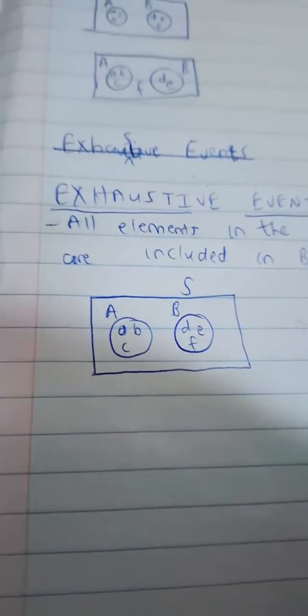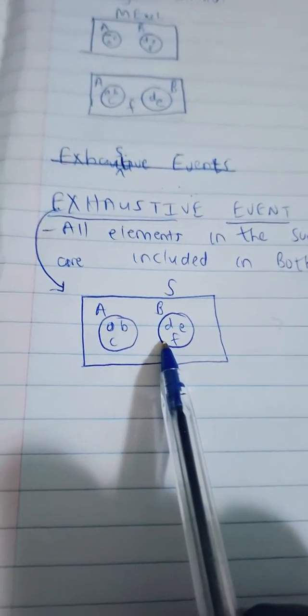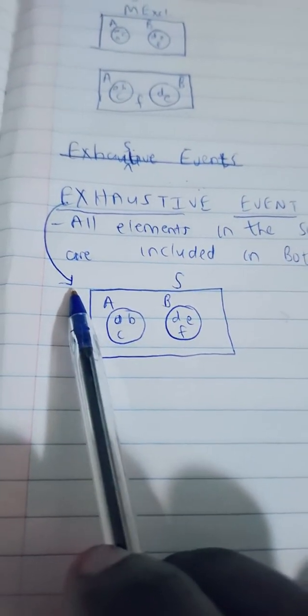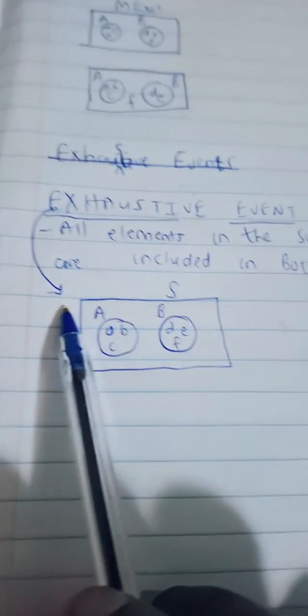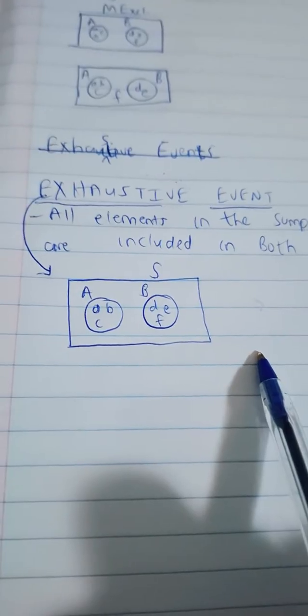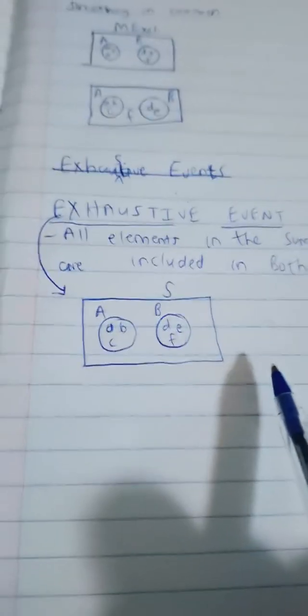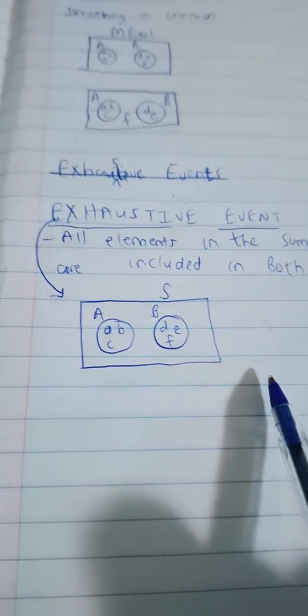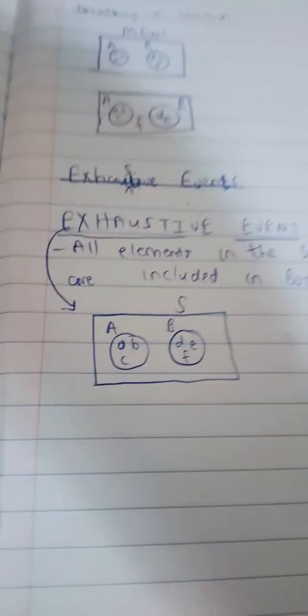So this is a situation where we can say that this is an exhaustive event. And I love Landiwe's humor there, saying they are tired. So therefore, this event is what we call an exhaustive event.